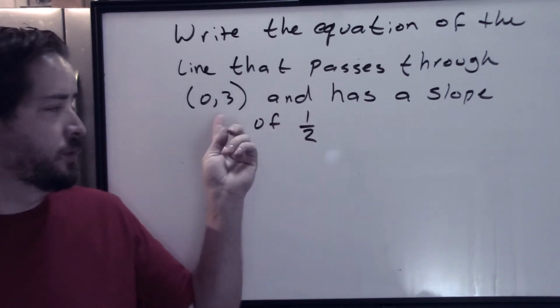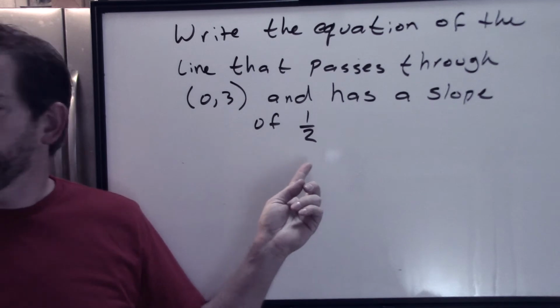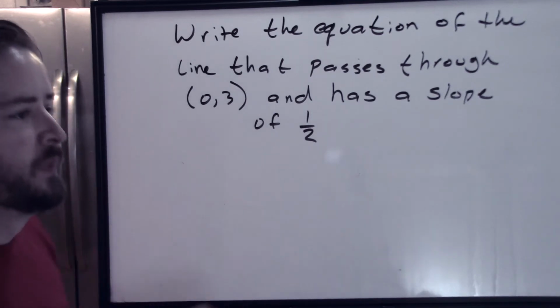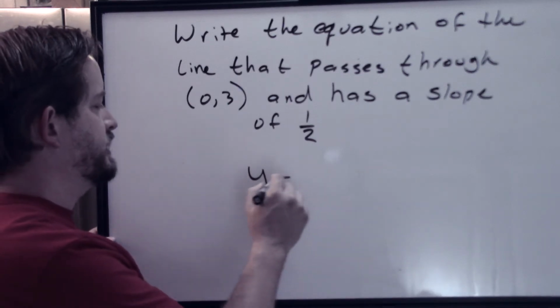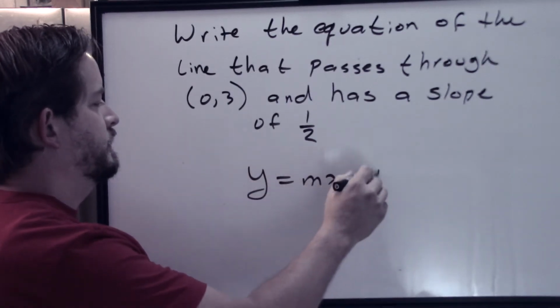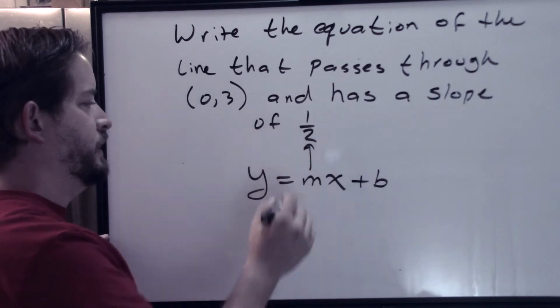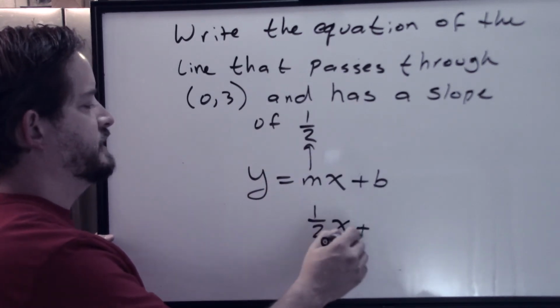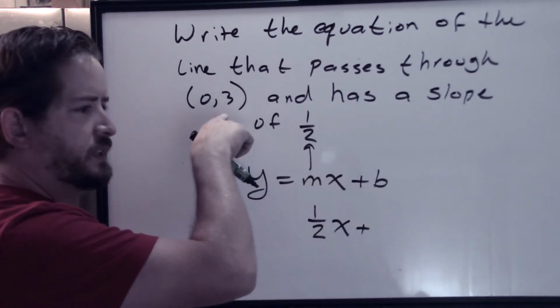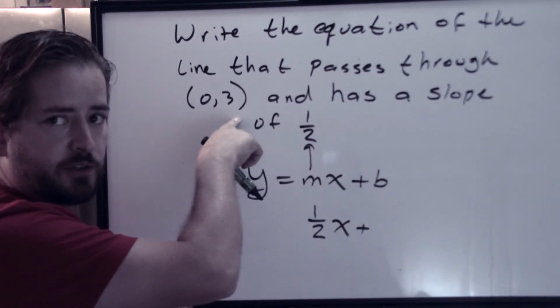We know we go through the point (0, 3), and I now have a slope of 1/2, right? So if I have a slope of 1/2 in that equation of y equals mx plus b, m is 1/2. So I know that this is 1/2 x plus, and I need to figure out what b is, but b was given to me because I was given the point (0, 3).